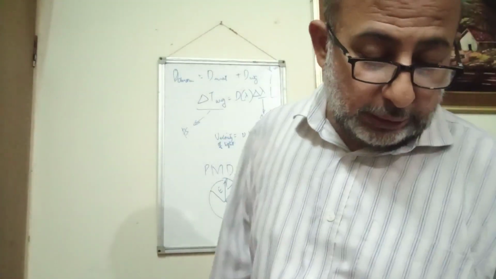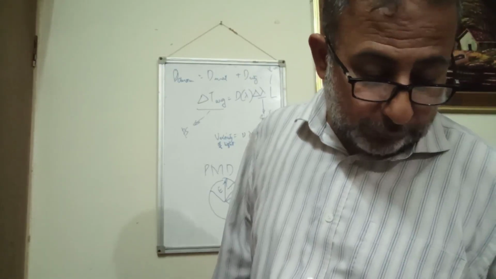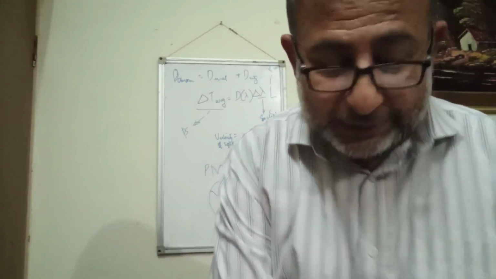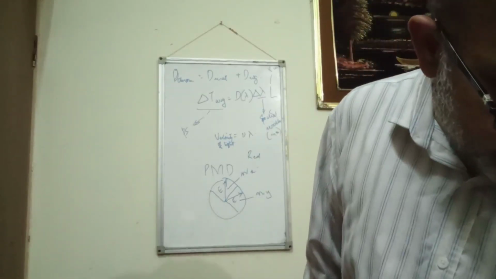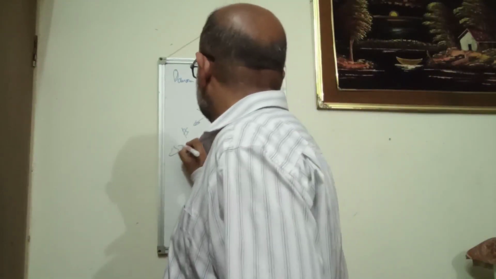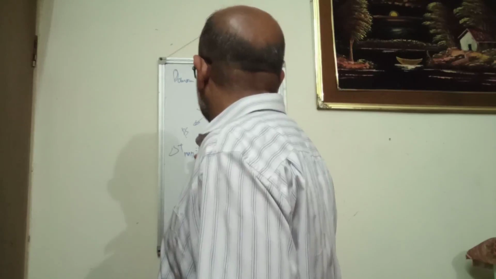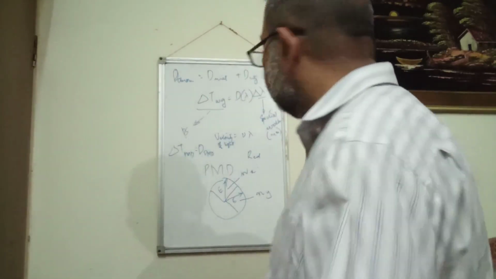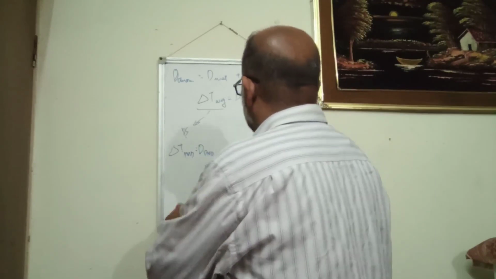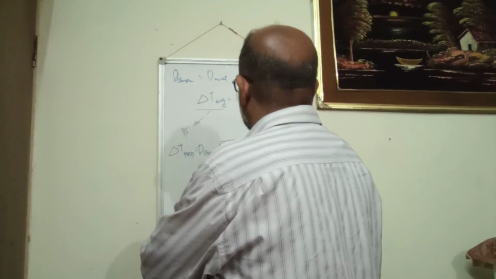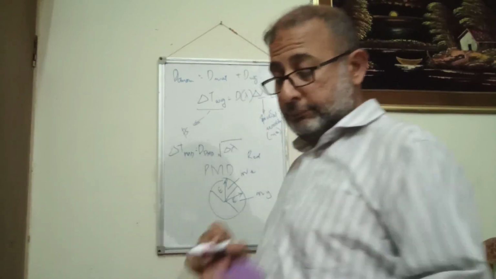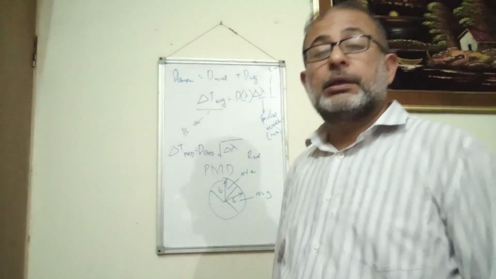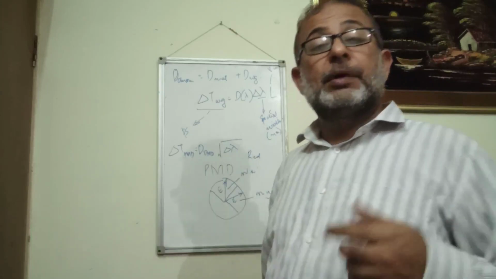You can see this polarization mode dispersion in your book at page number 176, and the value is... Polarization mode dispersion does not depend upon the length of the fiber, while it depends upon the spectral width, but not directly.